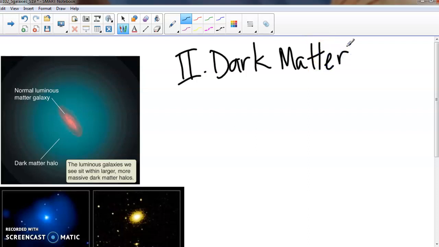We talked about those rotation curves, and now we need to talk about what this weird stuff is that's causing those flat rotation curves.